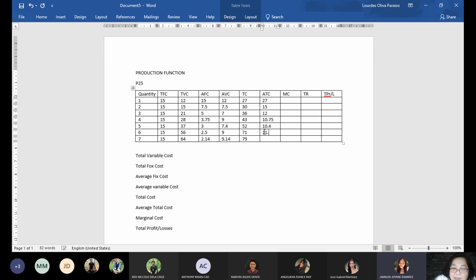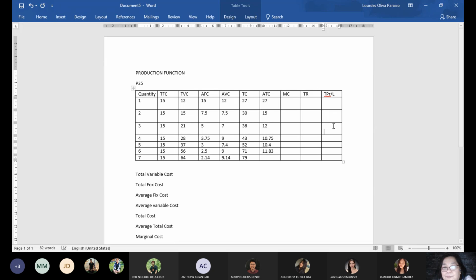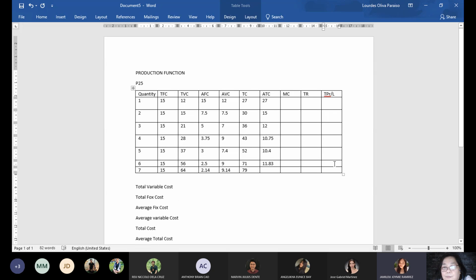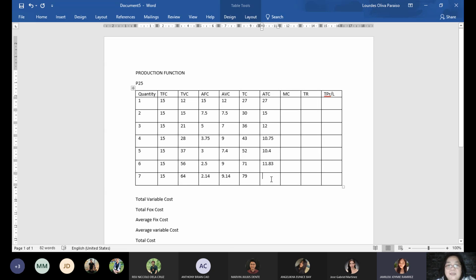Is that correct? Let me enlarge it. 71 divided by 6, yes, correct, 11.83. Now, 79 divided by 7 is equal to 11.29.